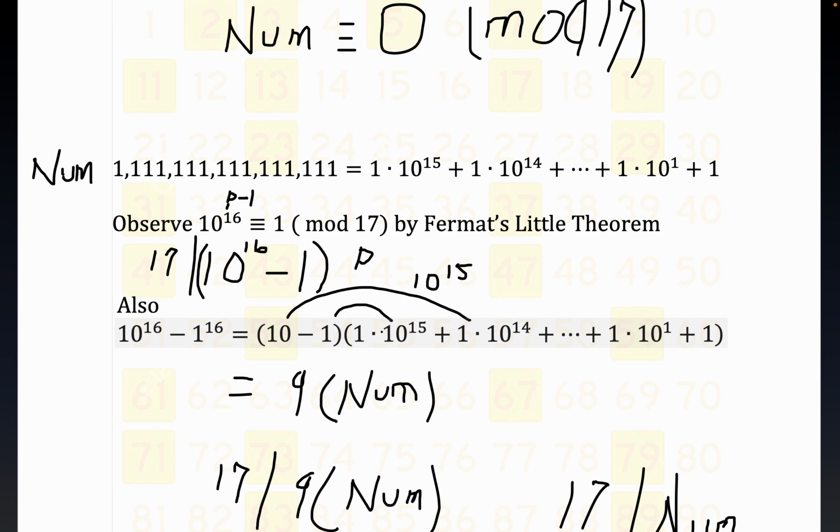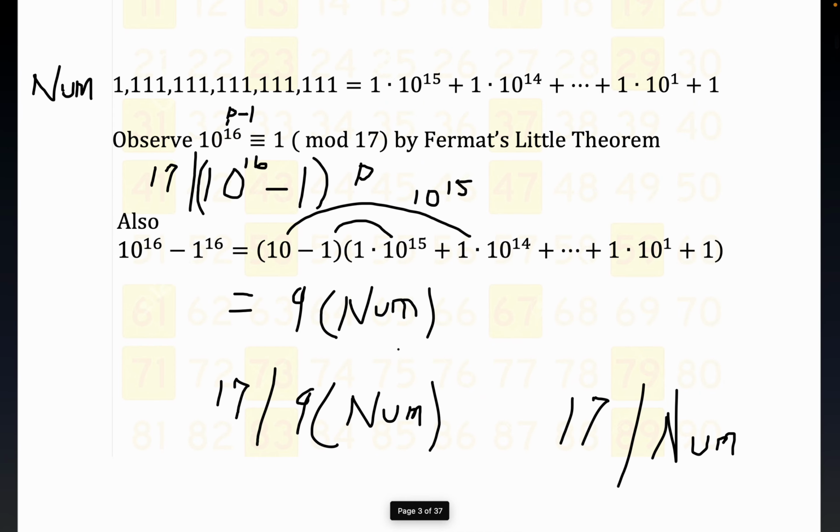A lot of the terms cancel out. Everything cancels out except for 10 times 10 to the 15th, which is 10 to the 16th, and then the minus 1 times this minus 1 right here. It'll get too messy to show you, but I think you can see that. It's an example of a telescoping sequence, or factorization, whatever you want to call it. In any event, this whole thing is equal to 9 times the numerator.